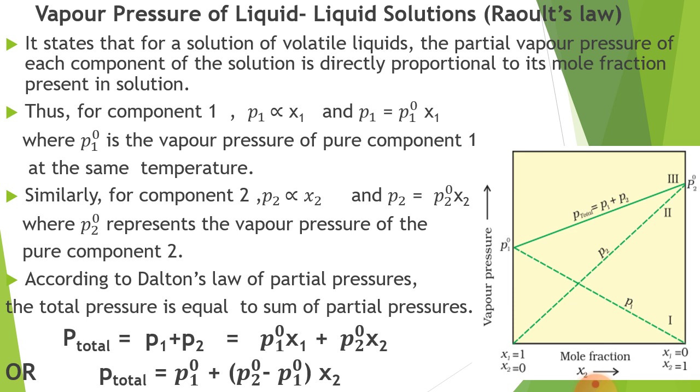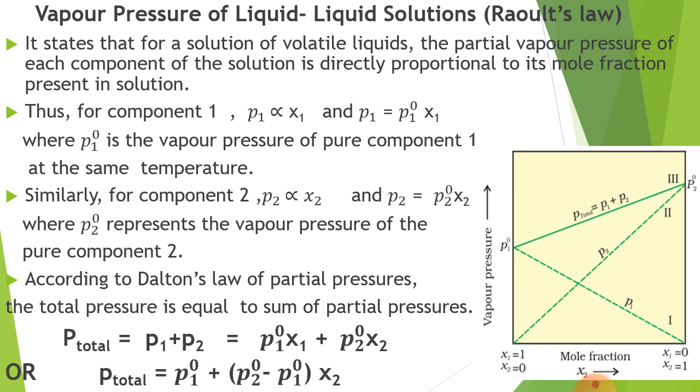That's why the pressure depends upon the fraction of these moles, hence they are proportional to mole fraction. And I have told you in the previous lecture that mole fraction is equal to the number of moles of that component divided by the total number of moles of all components.